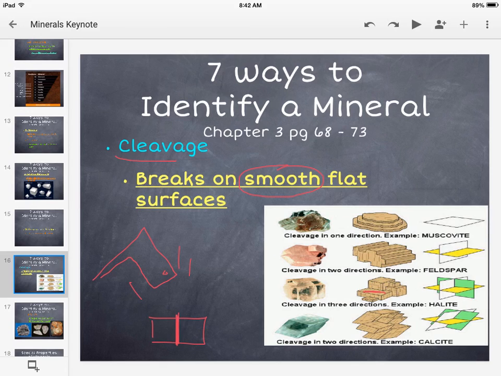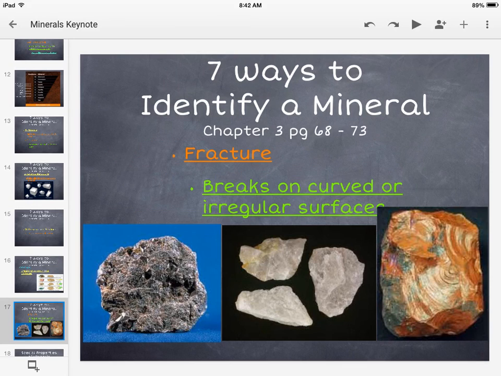So in this case, for feldspar, if I were to take a feldspar and break it into pieces, each small piece is going to look similar to the larger piece. The opposite of cleavage is fracture, it's just going to break on irregular edges, or sometimes it'll be called conchoidal fracture, where there are little curves.